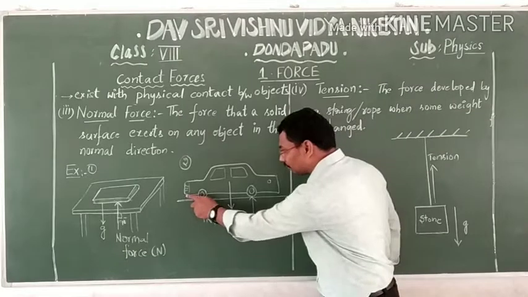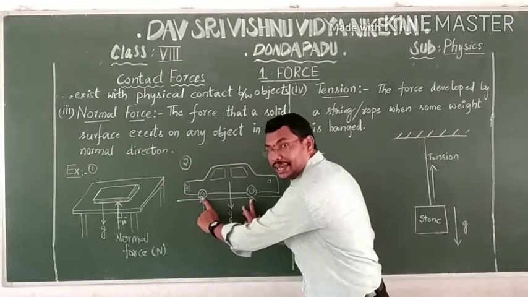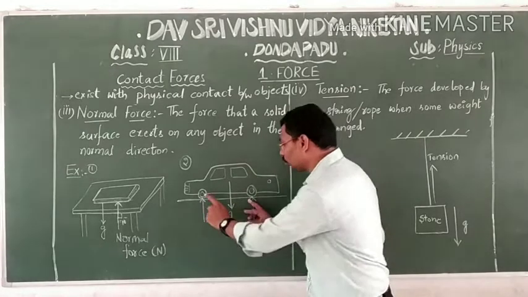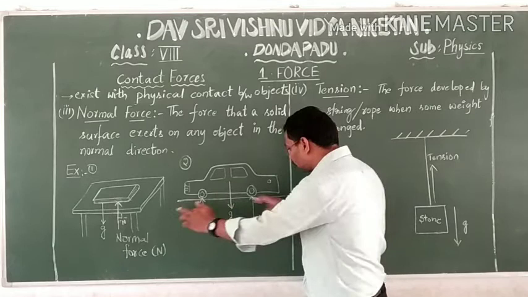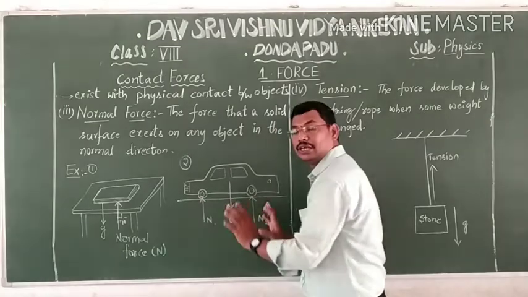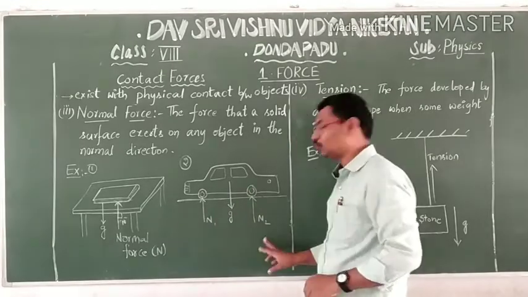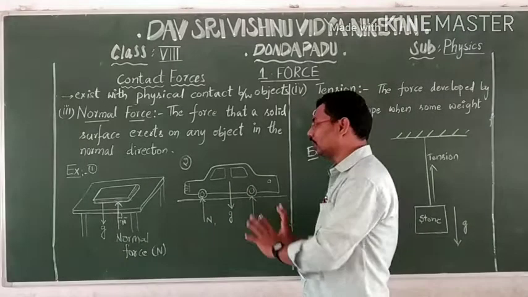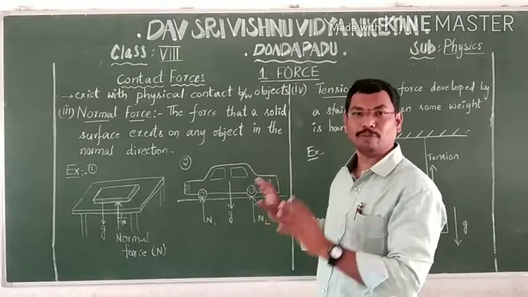That's why there are only 2 points of contact with the tires of a car, and they oppose the gravitational force. It is normal to the surface, 90 degrees to the surface. Here N1 and N2 are the normal forces acting on the car by the road. So these are the normal forces.